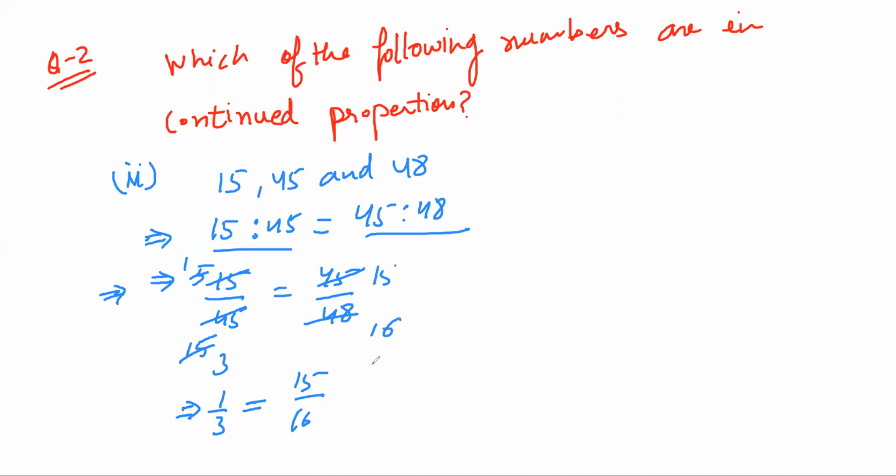So they are not equal to each other, so they are not in continued proportion. Okay, very good. This time you tried very well.